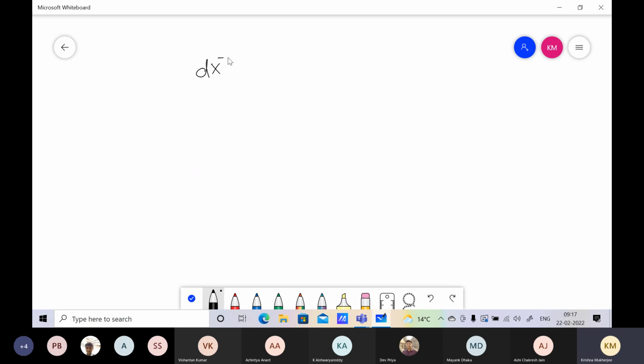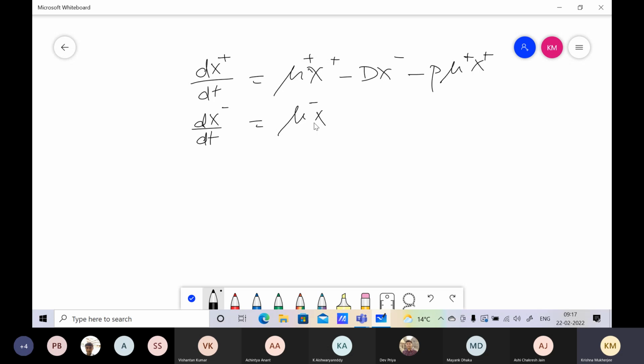You know that in a CSTR, the equations I wrote are dX minus by dt equal to mu minus X minus, minus D X minus, plus P mu plus X plus, and dX plus by dt equal to mu plus X plus, minus D X plus, minus P mu plus X plus. And I had pointed out that you get figures like this.